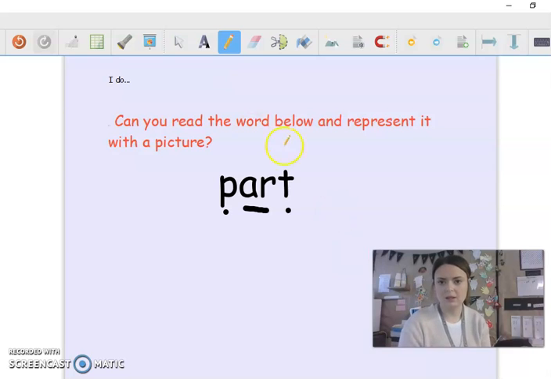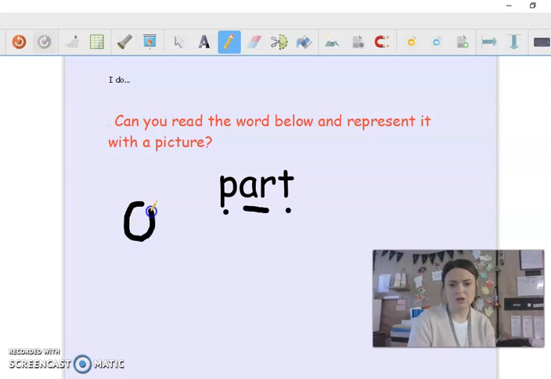Let me have a think. Oh, I know what I can do. We do this in maths. I wonder if you can name what I'm drawing. We do lots of representation of this model in maths.